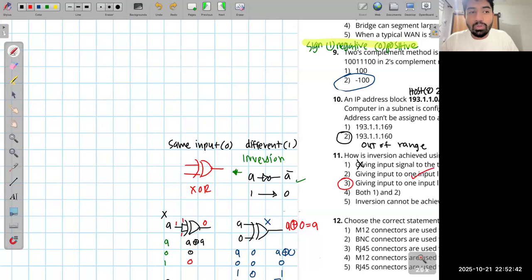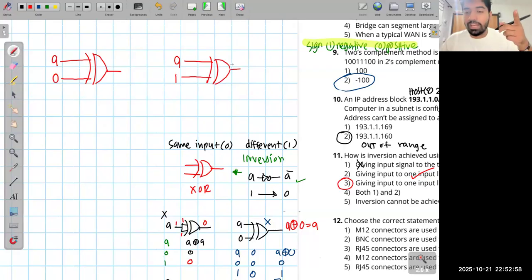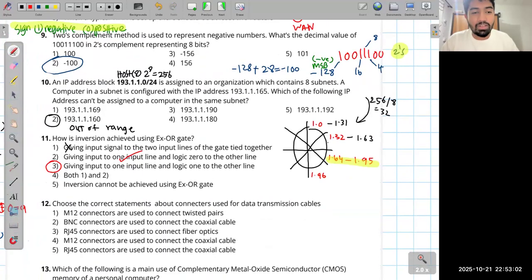Giving input to one line and logic 0 to the other line. So first input A, second input 0. That is what they are saying.